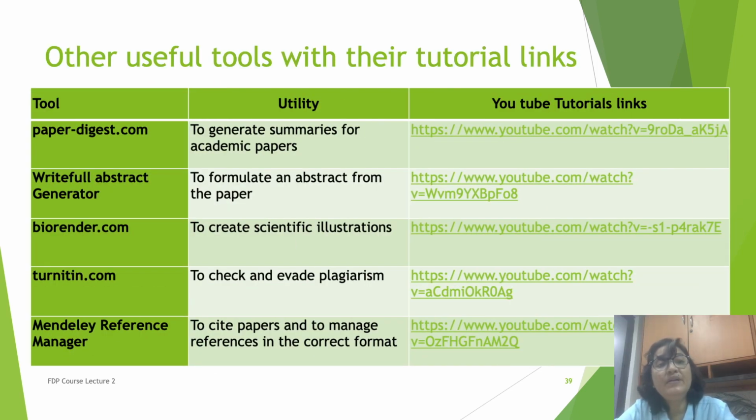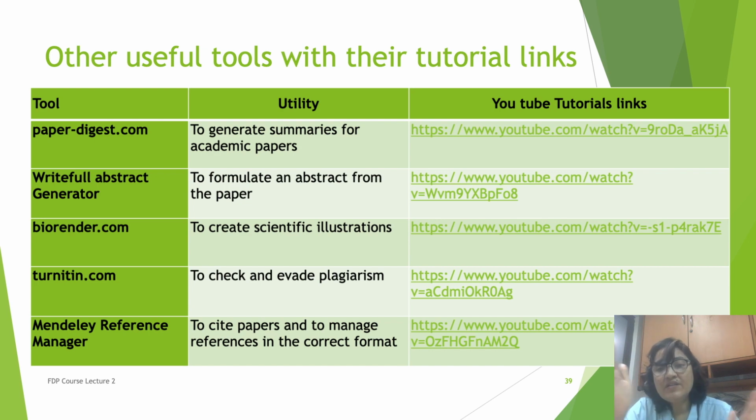Next is paperdigest.com. Okay, it helps you to generate summaries for academic papers. As I discussed with you earlier, you have to read 10 papers, you have 10 PDFs, but from which PDF what information you took, you don't remember unless you open your hard copies or your soft copies. This helps you to do that.